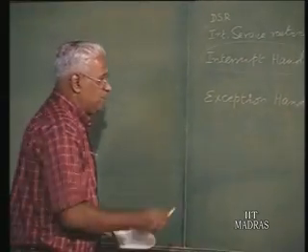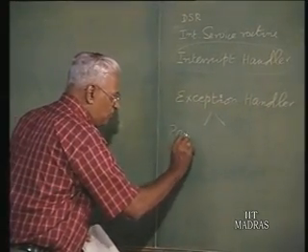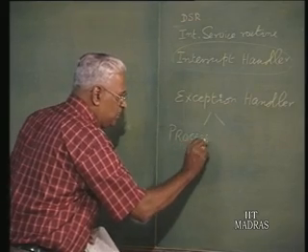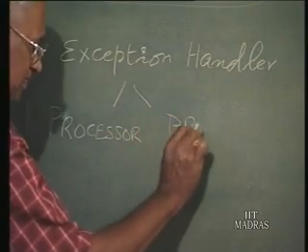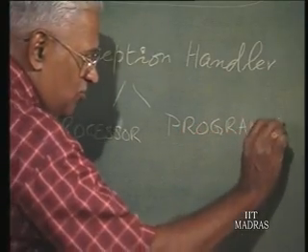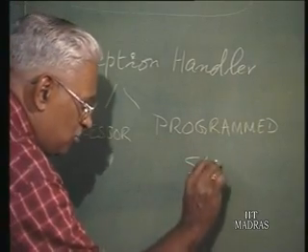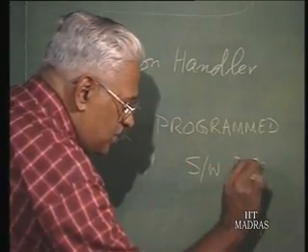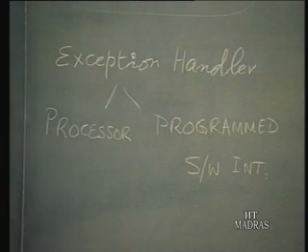There are two types of exception. One is processor exceptions. The other one is in fact called a programmed exception. This programmed exception is similar to the software interrupts I was mentioning, essentially through software.